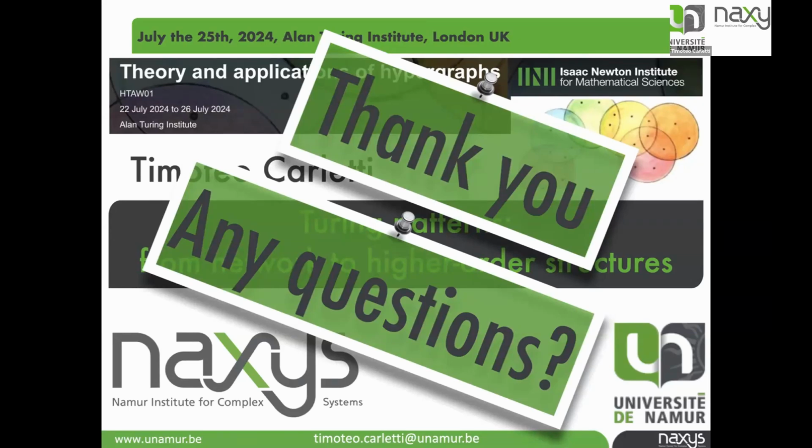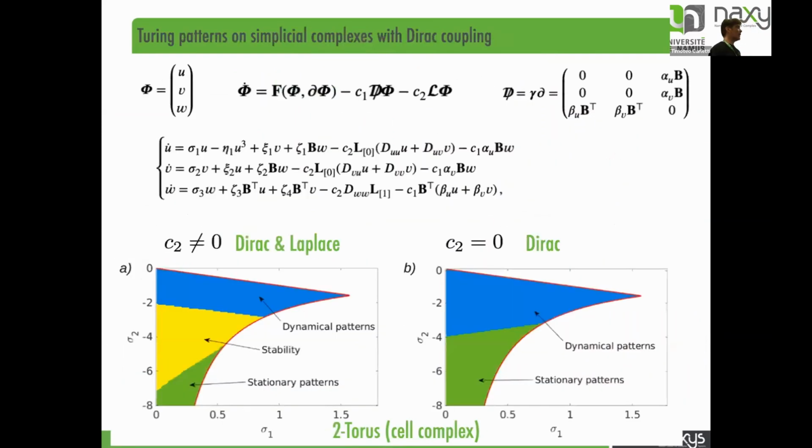Otherwise, if I take the last system with 3 species and, instead of a simplicial complex, put it on the network, maybe the pattern will be more like that one. Yes, the Dirac operator plays an important role, but I don't think there will be so much difference in this framework.